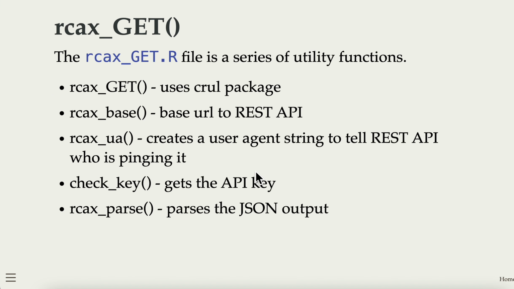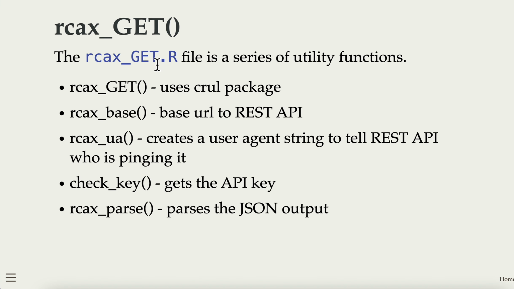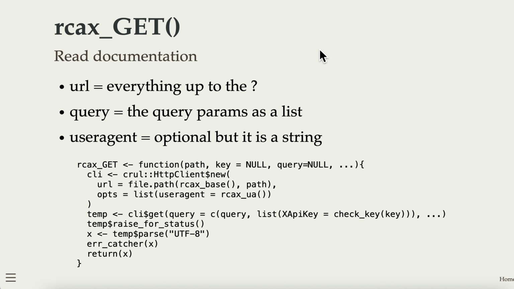Okay, so let's jump into this. If you go into my repo and take a look at the function, it looks like this. The first thing to notice is that it's not using httr.